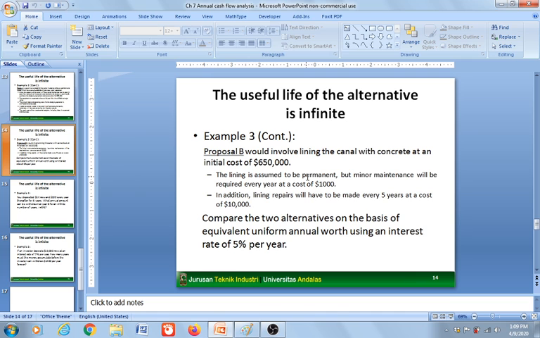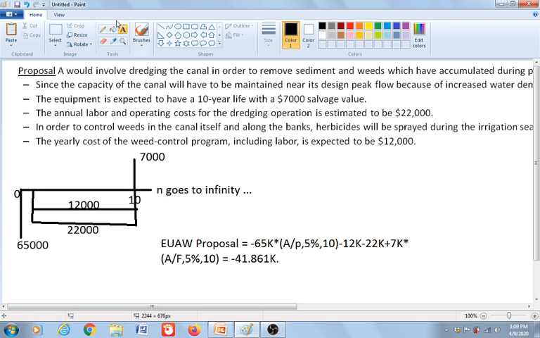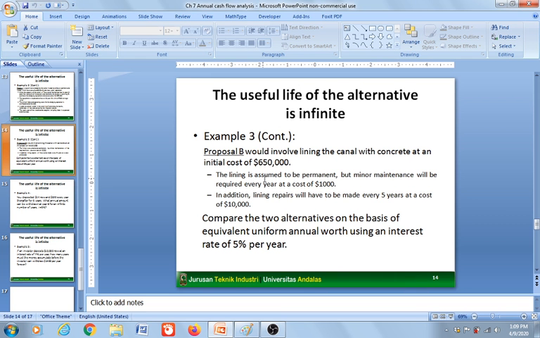So in this example, proposal A doesn't go to infinity. It is just for proposal B, because that is what the problem says: the lining is assumed to be permanent.